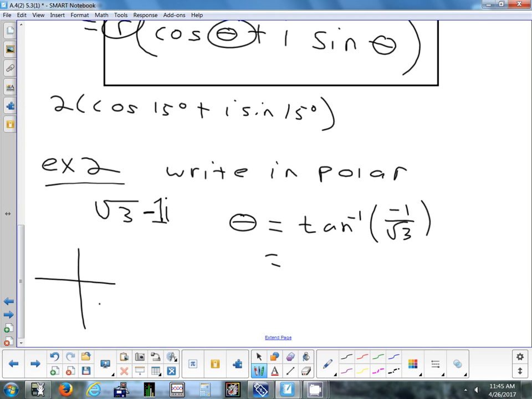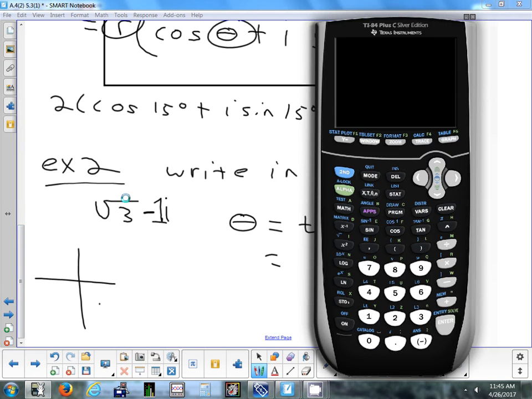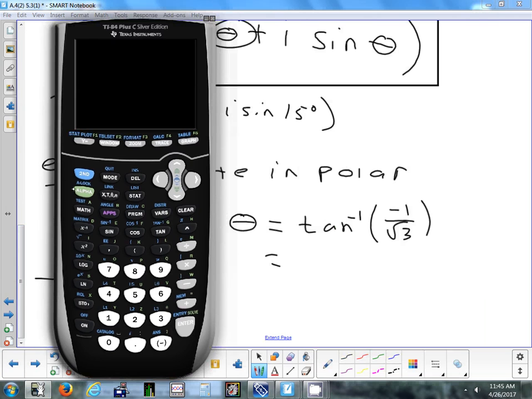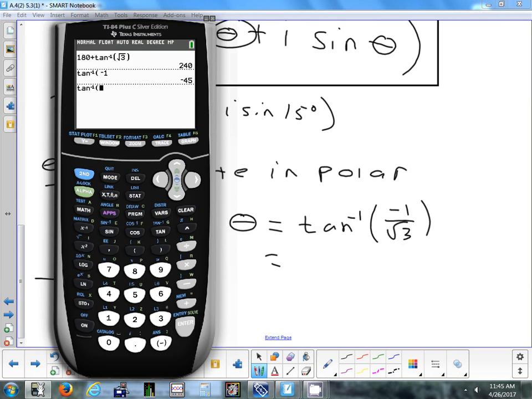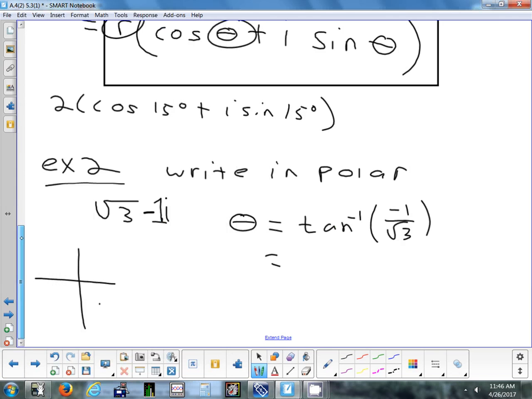All right, so let's type that in and see what we get. So we got second inverse tangent, -1 divided by square root 3. Okay, so we get an angle of -30. So there's our angle.